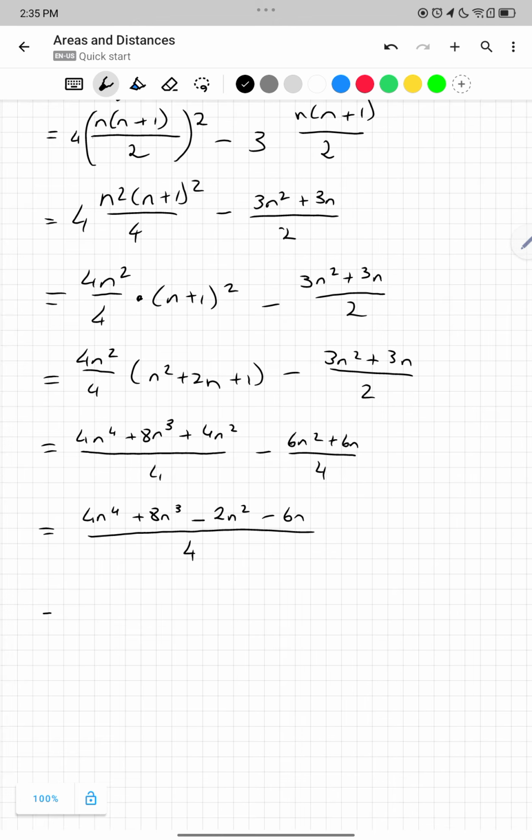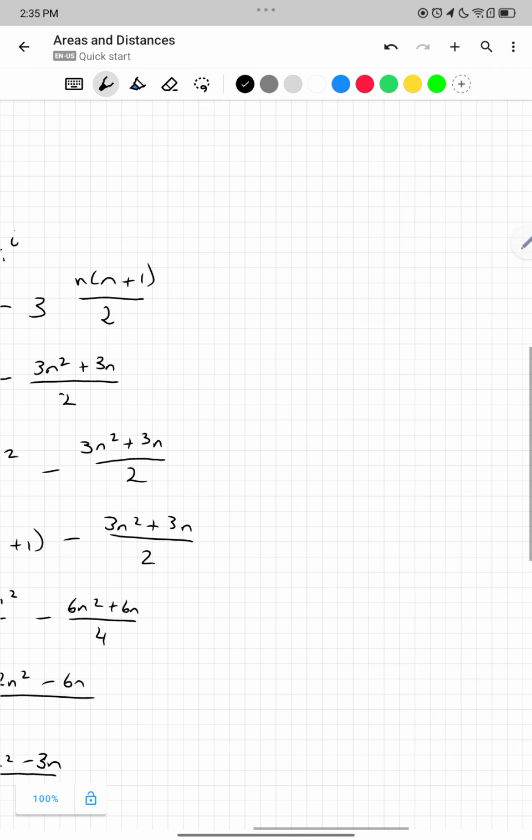So we're going to have 2n to the fourth plus 4n cubed minus n squared minus 3n over 2. So that is what we have at this moment in time. So that's our solution to this problem.